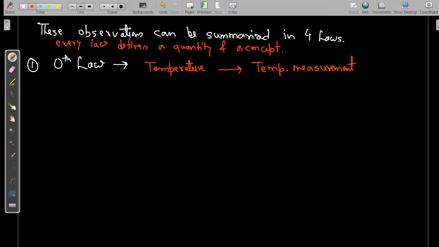That is all about the zeroth law. In other words, you can say it is a common sense law. Why I am saying it is a common sense law, you all know.